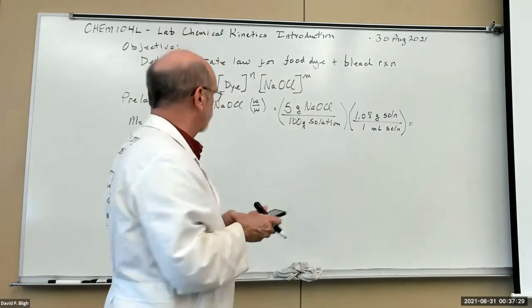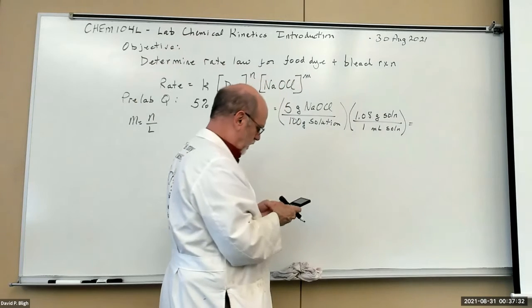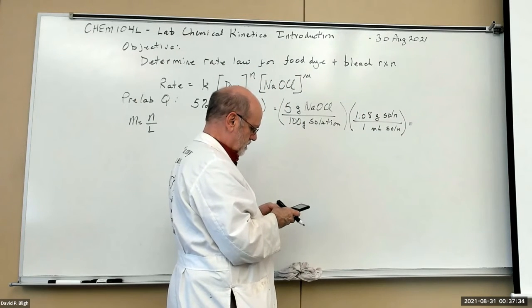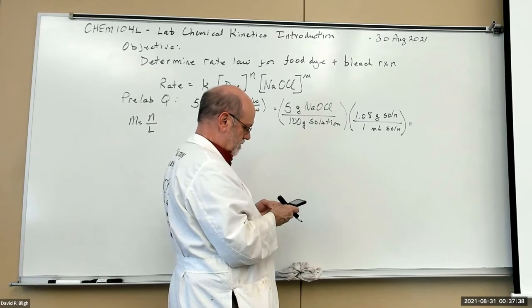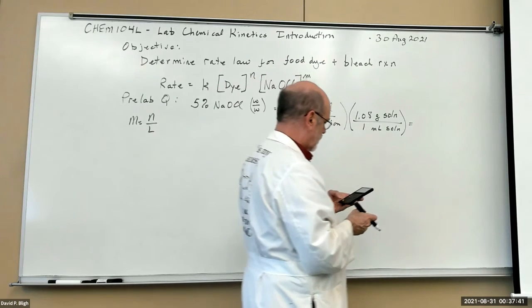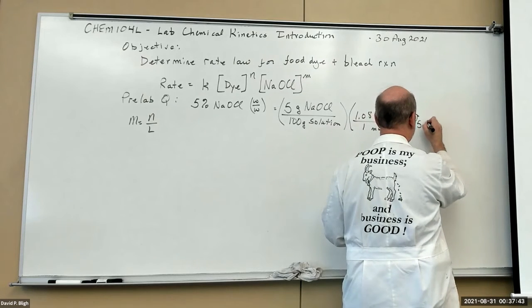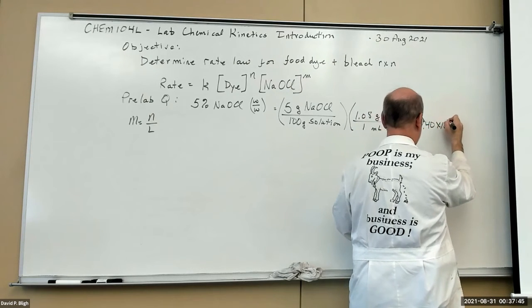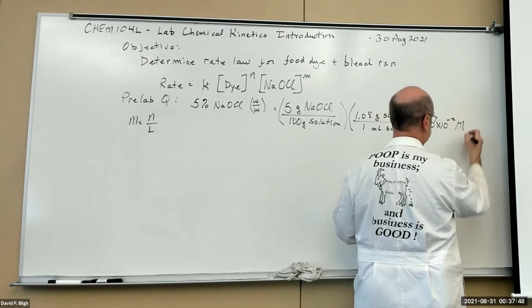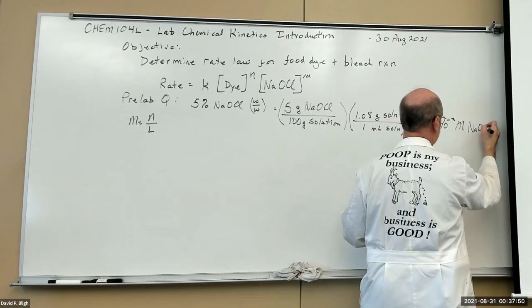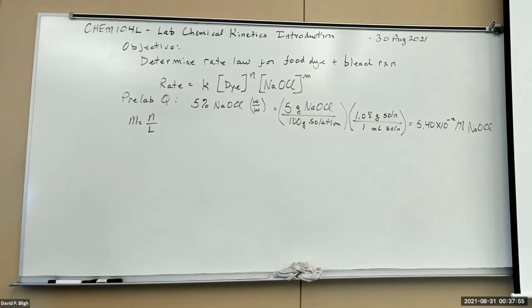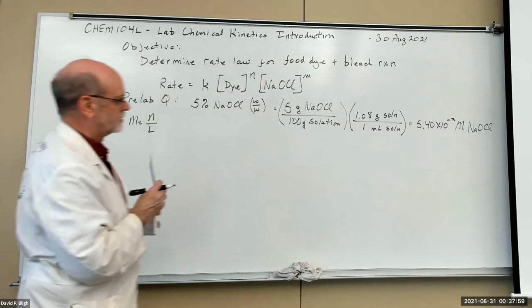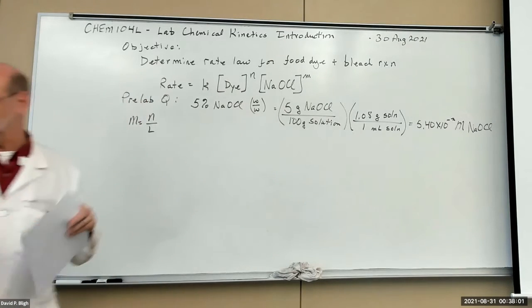Oops. Yeah, I'm recording. Okay, so 5 times 1.08 divided by 100 is 5.40 times 10 to the minus 2 molar sodium hypochlorite. Right? No, it's not.